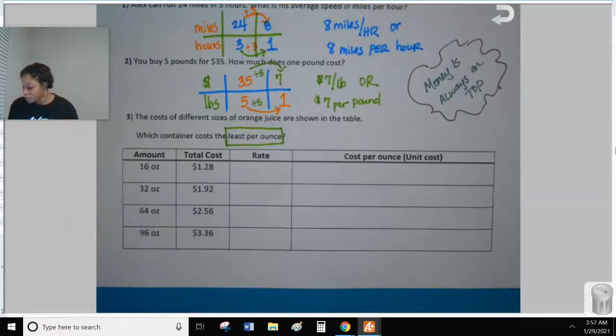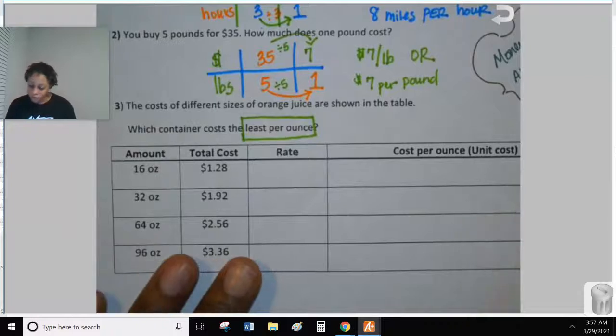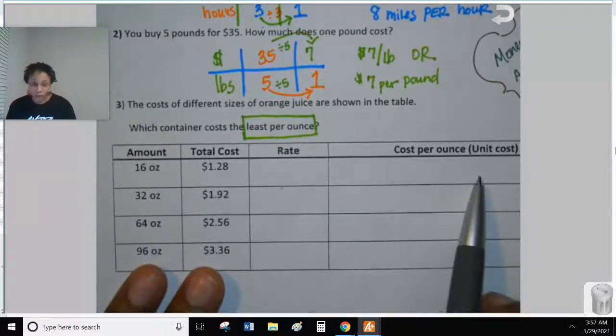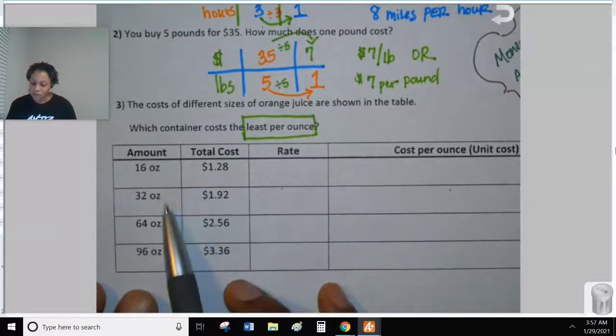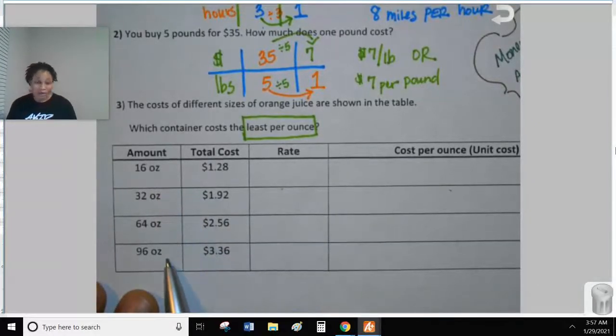Okay. So again, we're going to set up a few and then I'm going to leave you to practice some. I'm going to grab a pen for this. I am going to write my rate and then set up my unit rate table, my H chart. So there's a 16 ounce, a 32 ounce, a 64 ounce, and a 96 ounce. And here are the costs.